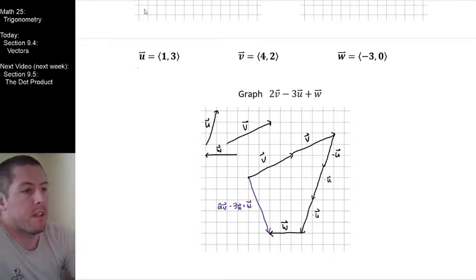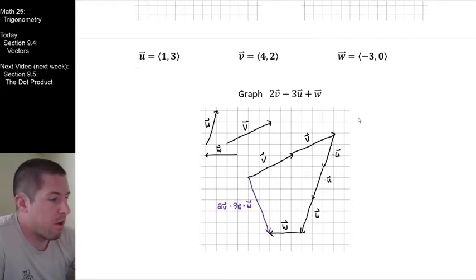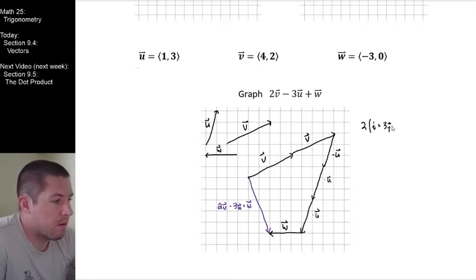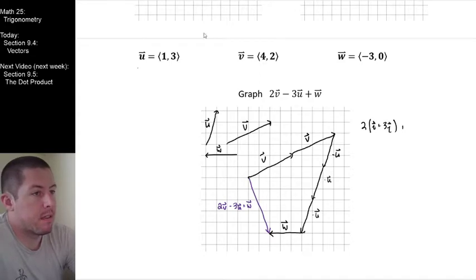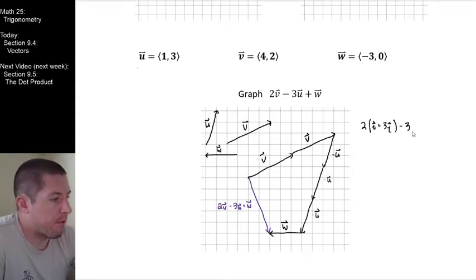And I do think it's worth seeing that this works out algebraically over here as well. This should be 2u, that's 2i plus 3j, minus 4i plus 2j, plus negative 3i.